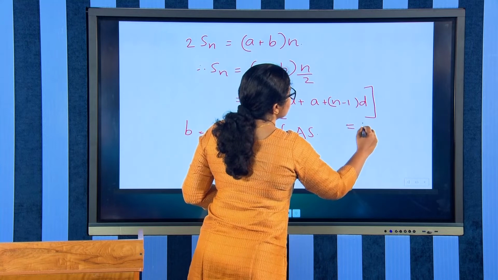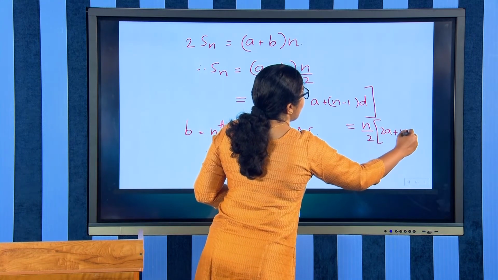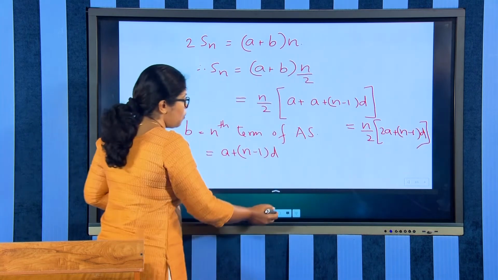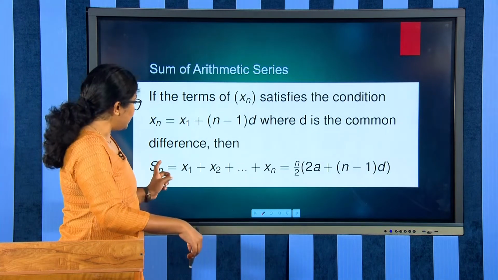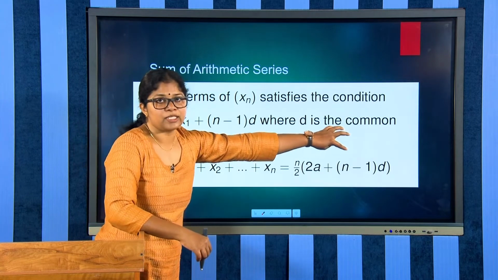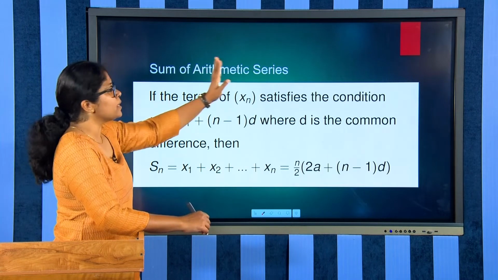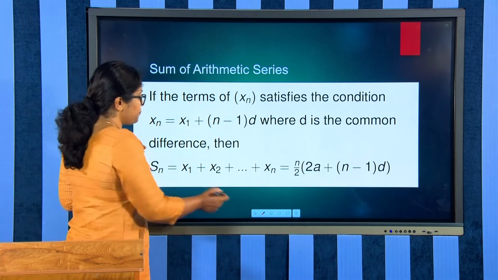So, that gives you n upon 2 into (2a plus (n minus 1) into d), which is exactly what was given in the slide. Sn is equal to n upon 2 into (2a plus (n minus 1) into d). So, this is how we get the sum of the n terms of an arithmetic series.